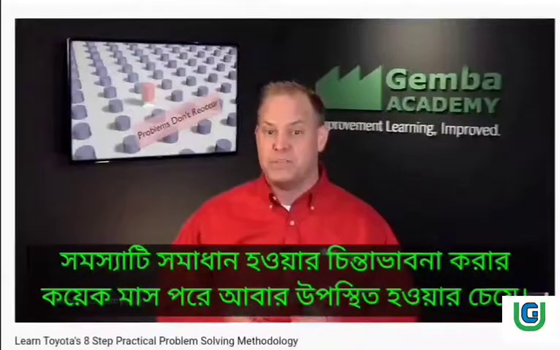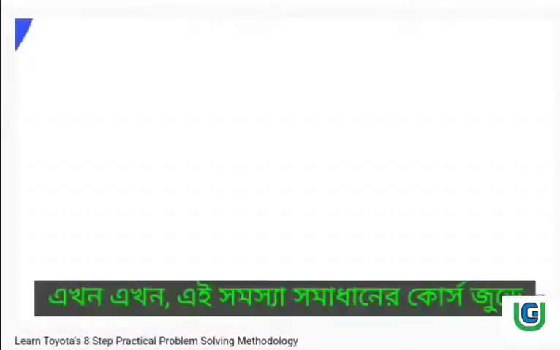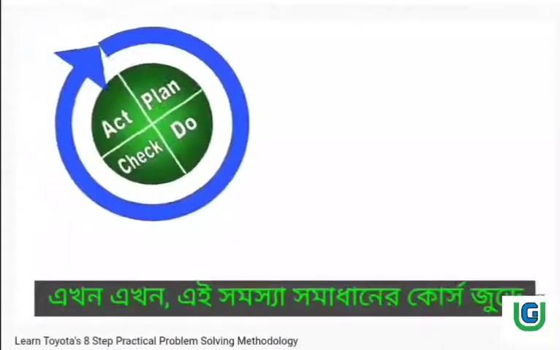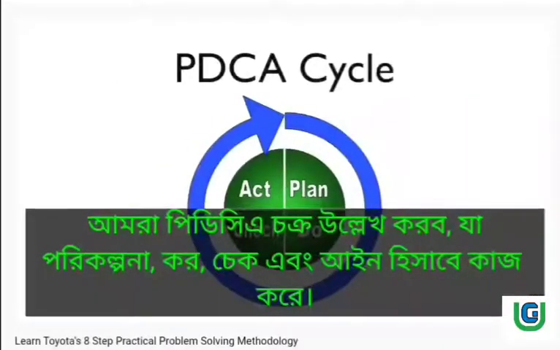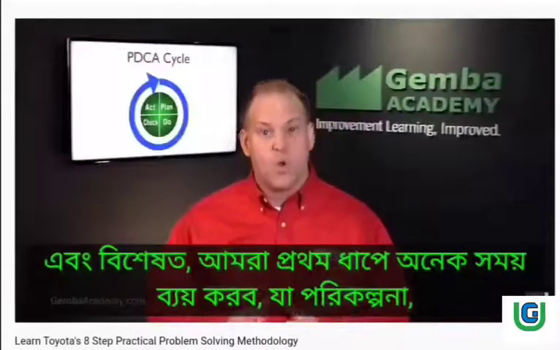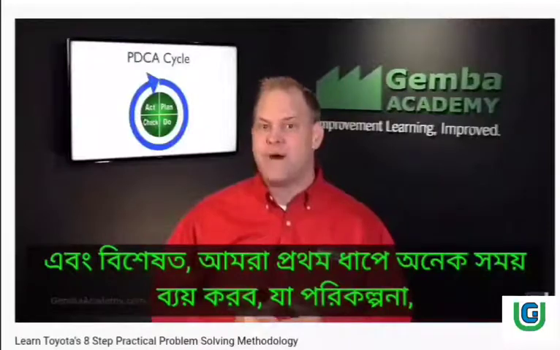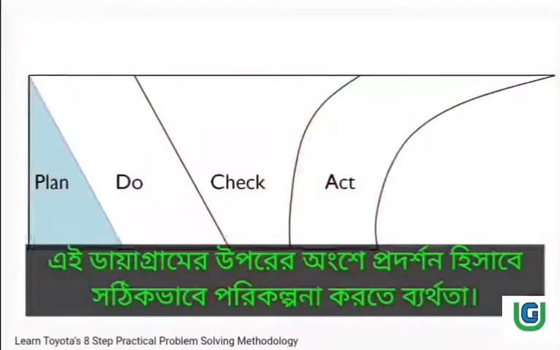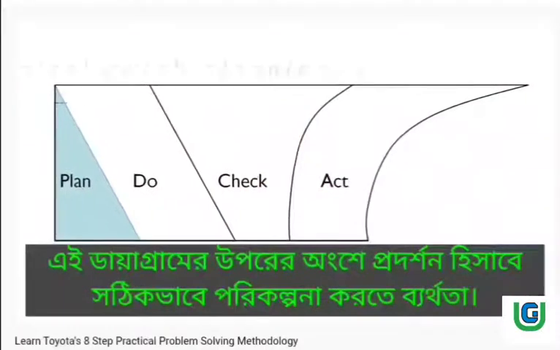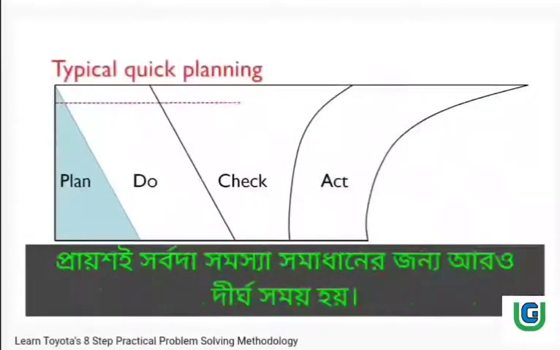Now then, throughout this problem-solving course, we'll be referring to the PDCA cycle, which stands for Plan, Do, Check, and Act. In particular, we'll be spending a lot of time on the first step, which is plan, since the failure to plan properly, as shown on the top side of this diagram, almost always results in longer times to resolve the problem.